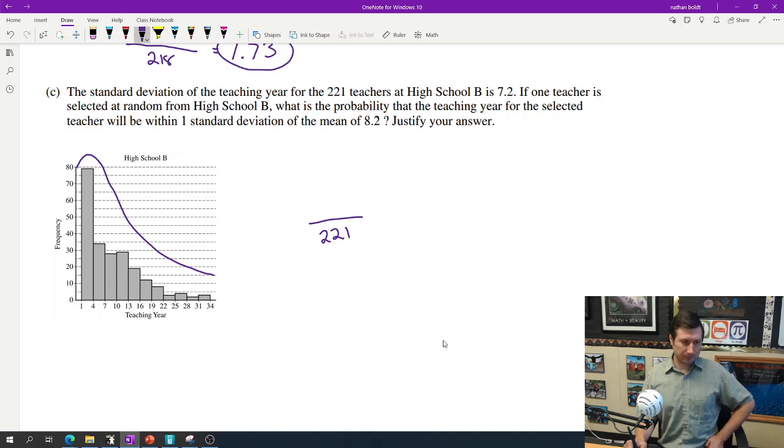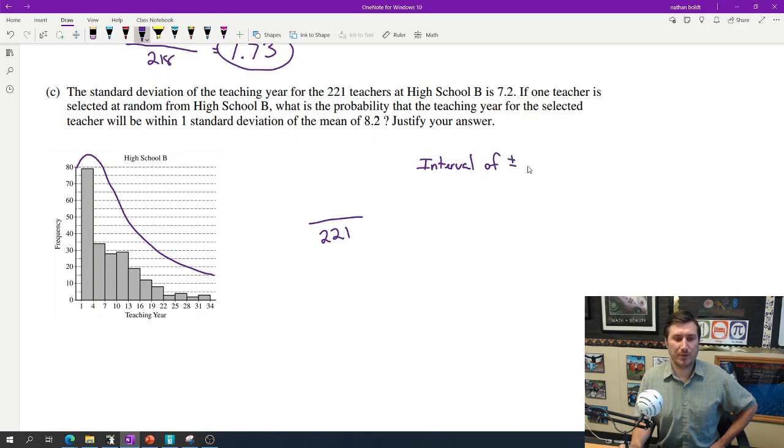So within one standard deviation, what is our interval? So the interval of plus or minus 1 standard deviation. What is that? Well, the mean is 8.2 plus or minus 1 standard deviation.